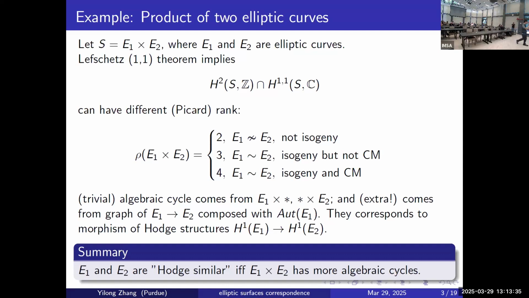CM, roughly speaking, means that you can look at the elliptic curve as a quotient of the complex plane by a lattice.